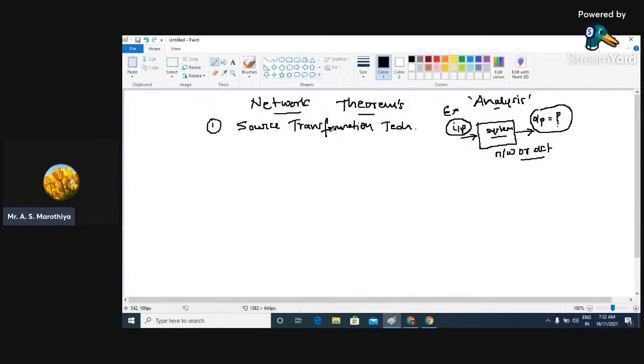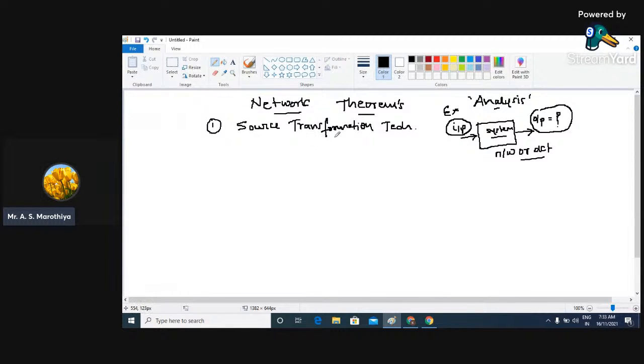It may be dependent, or it may be independent. So if you have a voltage source, how can you convert that into an equivalent current source, and in the same way, how to convert a current source into an equivalent voltage source, that we are going to learn under this particular topic, the source transformation technique.